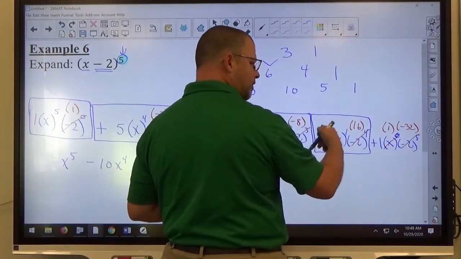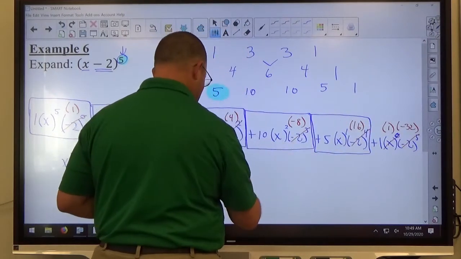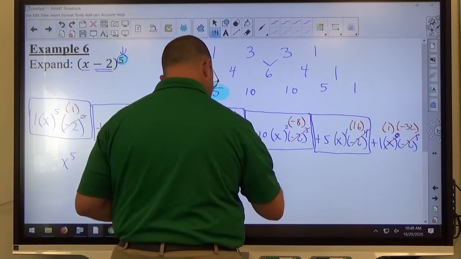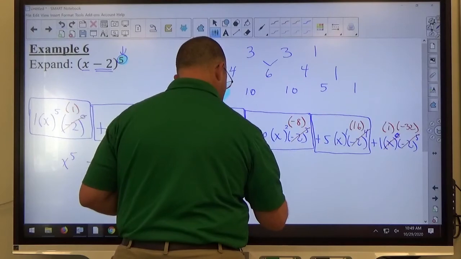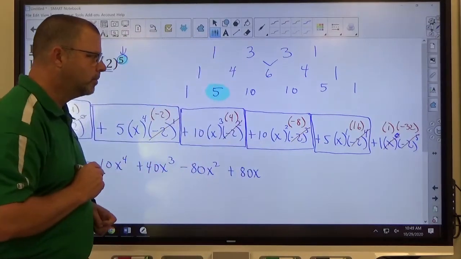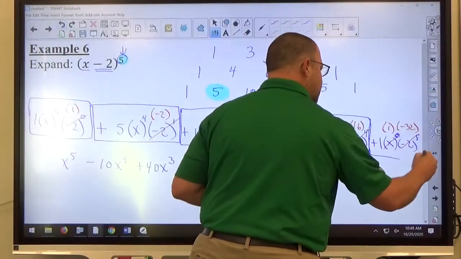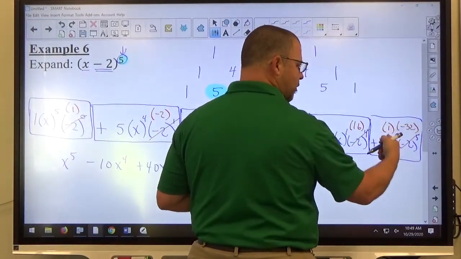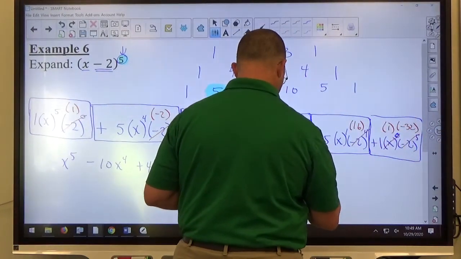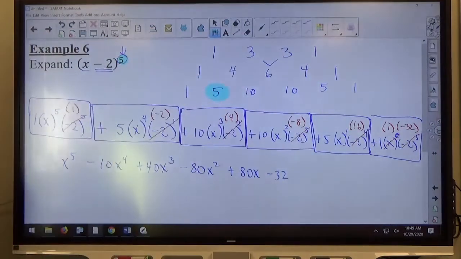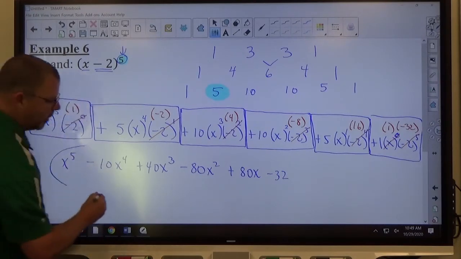I've got positive 5 times positive 16 makes positive 80 x to the first. I usually don't write the first power, I just write x. If you write the first power, it's not wrong. And then our last term is right here. Negative 32 times 1 is negative 32. Pick the right row, write the correct answer, make it pretty. There's our final answer to this problem.